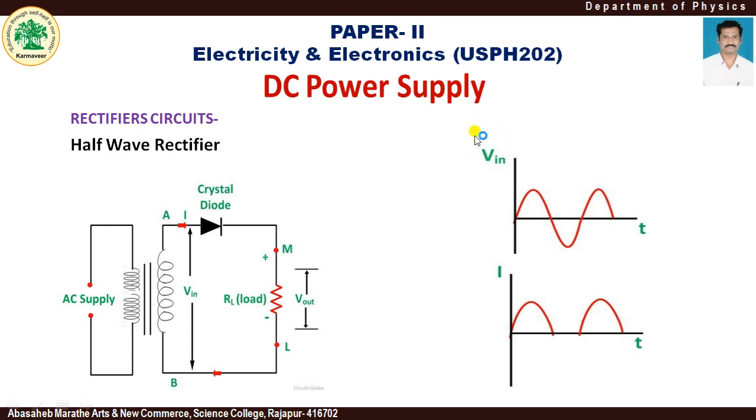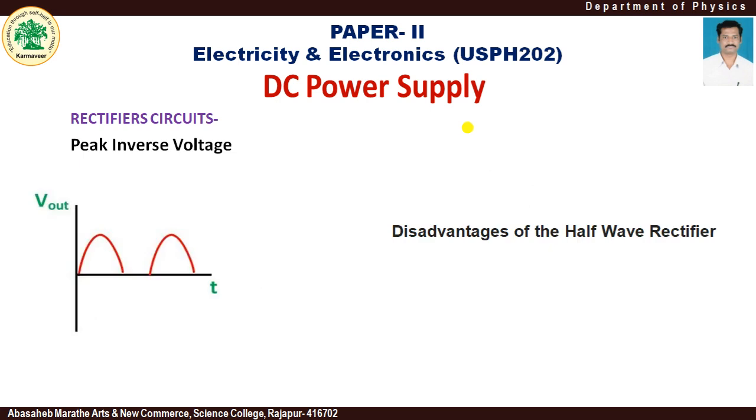Since the diode withstands this value during the non-conducting period, the peak inverse voltage is Vm. So in the next article, we will discuss the efficiency of the half wave rectifier.